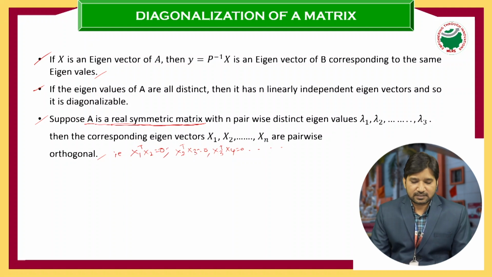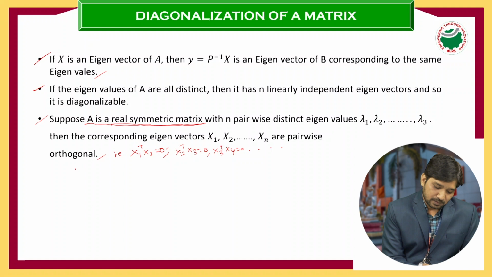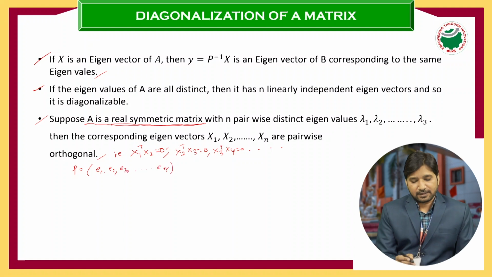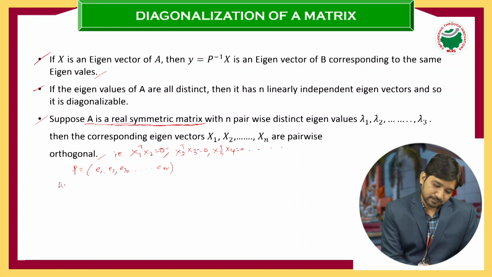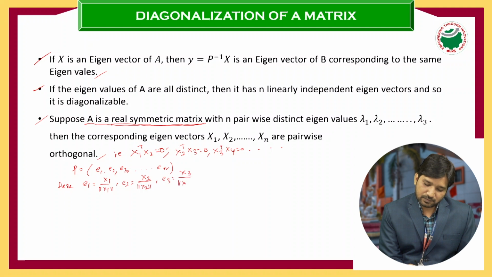In case the vectors are pairwise orthogonal, then we can write the model matrix P. P is given by E1, E2, E3 and so on, En. Here E1 equal to X1 by norm of X1, E2 equal to eigenvector X2 by norm of X2, E3 equal to X3 by norm of X3, like this.